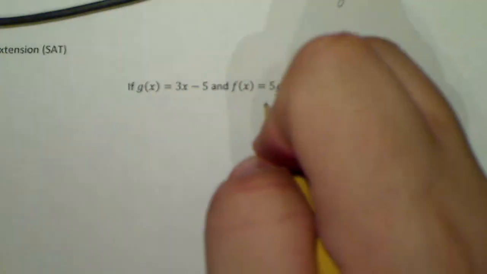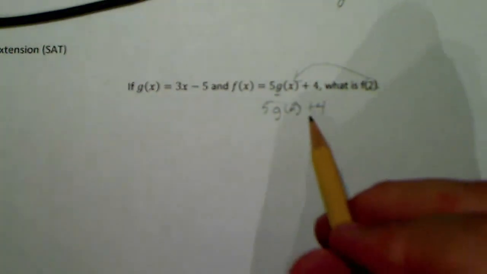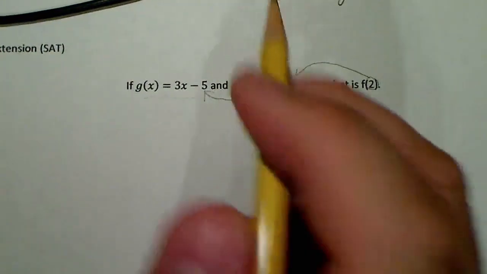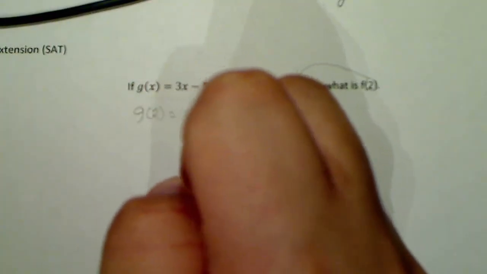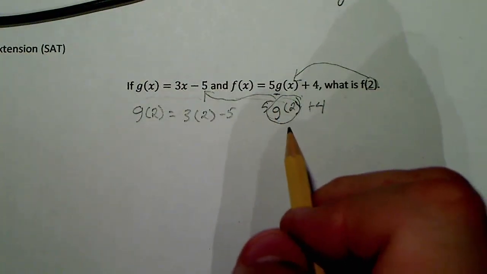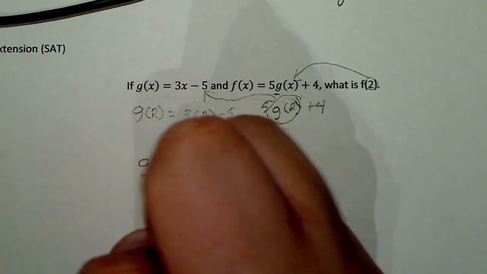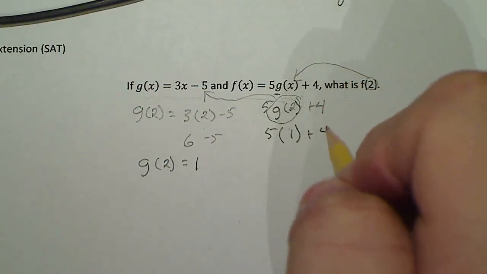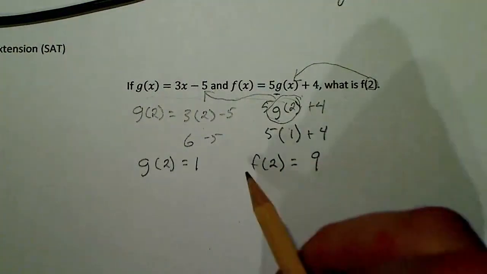Now, g of 2 is equal to 3 times 2 minus 5, so I can figure out what value goes here before I finish working this part out. That would be 6 minus 5, which is 1. So g of 2 is 1. I come back over here, replace my g of 2 with 1, and I get that f of 2 is equal to 9.